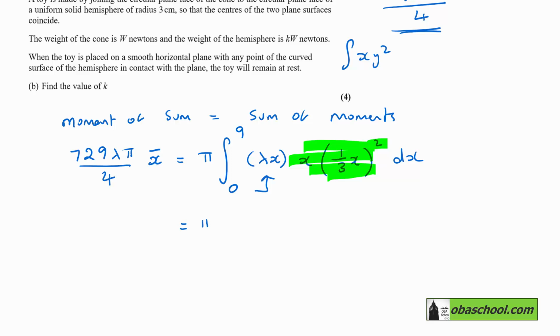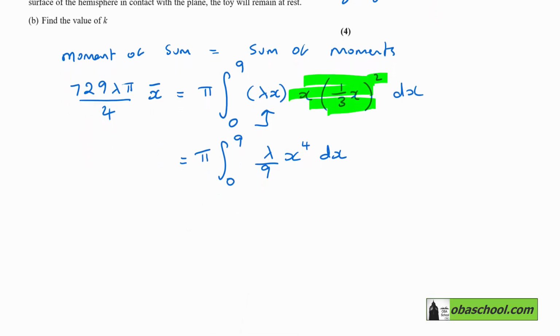So that's going to be pi times the integral from 0 to 9 of lambda over 9 x to the 4 dx. Remember, that's all equal to 729 lambda pi on 4 x bar.